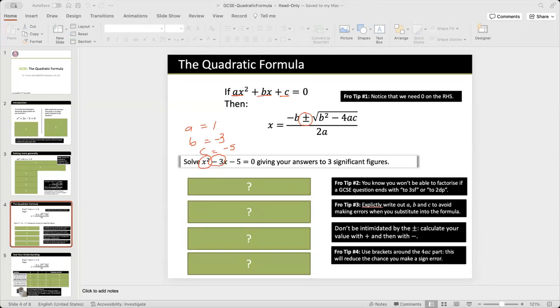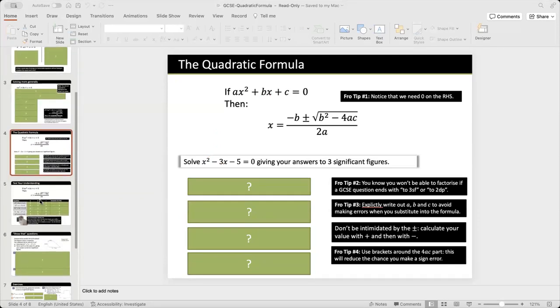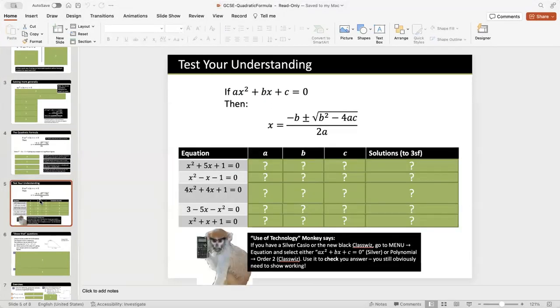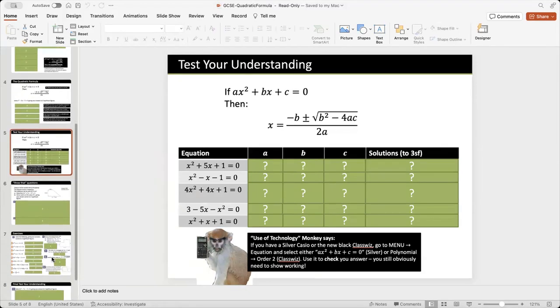You can try and do this one. Try and pause it and do this one, then you can get the answer.